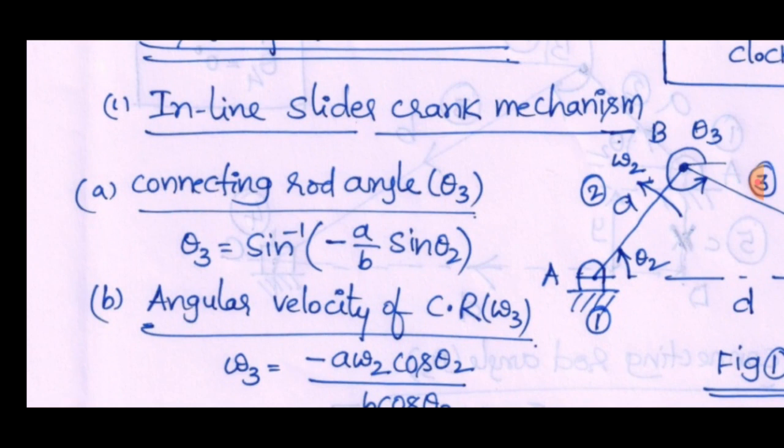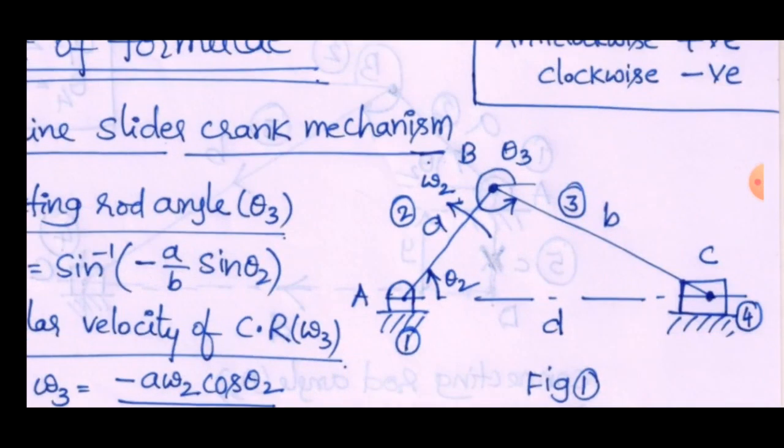Second, remember small a is the crank length, small b is the connecting rod length, theta 2 is the crank angle, omega 2 is the angular velocity of the crank, alpha 2 is the angular acceleration of the crank. Then theta 3 is the connecting rod angle, omega 3 is the angular velocity of the connecting rod, and alpha 3 is the angular acceleration of the connecting rod.